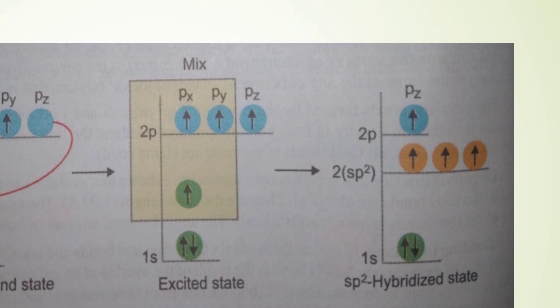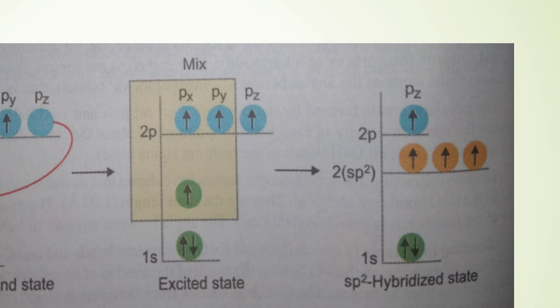What is the meaning of sp2? S means one s orbital is there, and p2 means 2 p orbitals are there. One s orbital and 2 p orbitals mix or interact with each other to form sp2 hybrid orbitals. The speciality of hybrid orbitals is that they have the same energy and the same shape, but differ in their orientation in space.